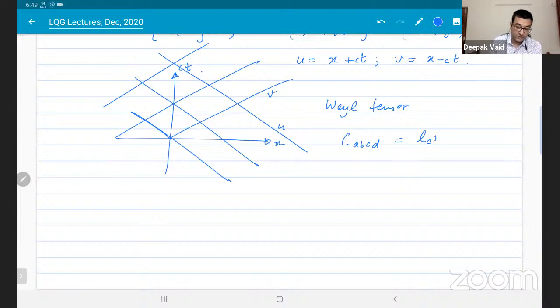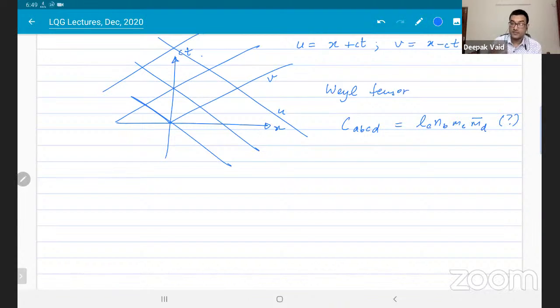Again, I don't remember the exact expression, so if I'm wrong, something like this. Okay. Again, please check. So the Weyl tensor measures the part of the... How does one get four of them?